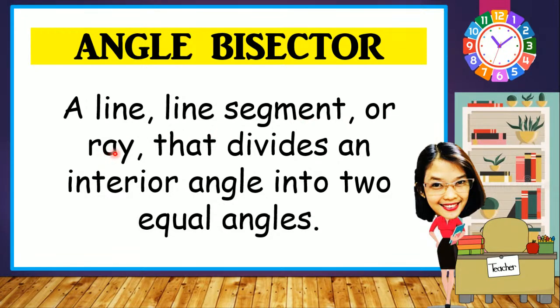As long as it divides the interior angle into two equal parts or into two equal angles, then it is called angle bisector. Ibig sabihin, hinahati niya yung angle.